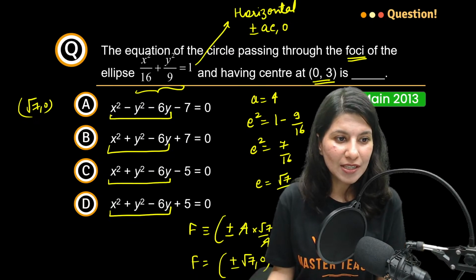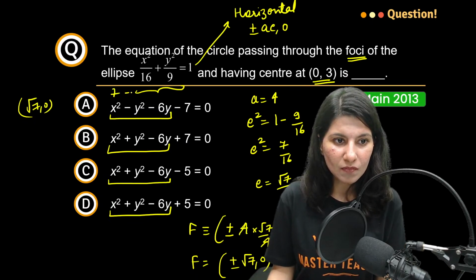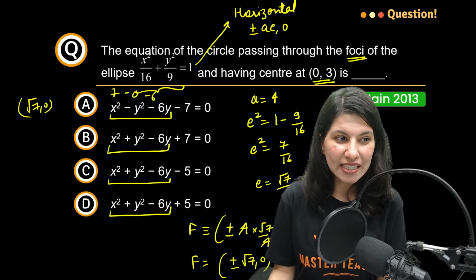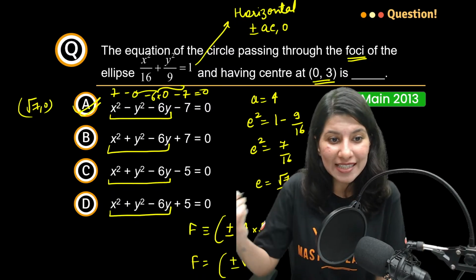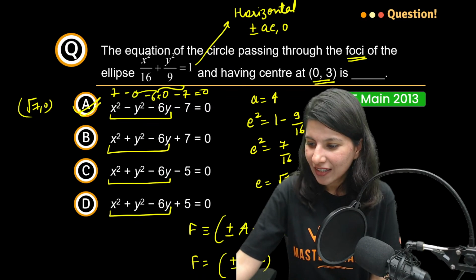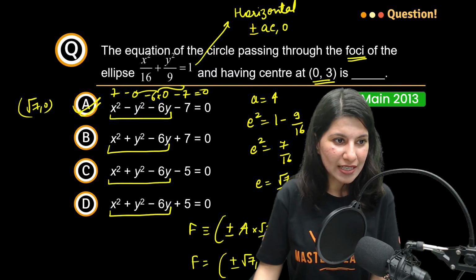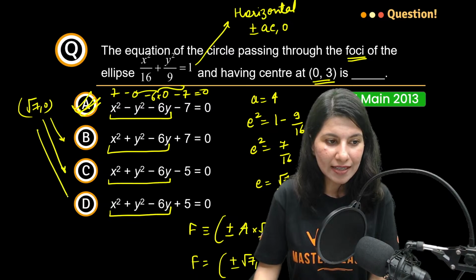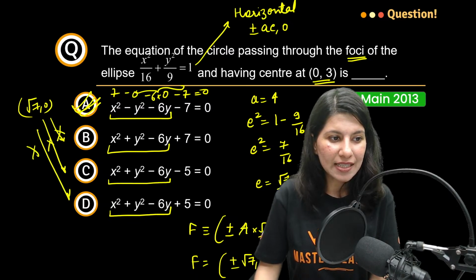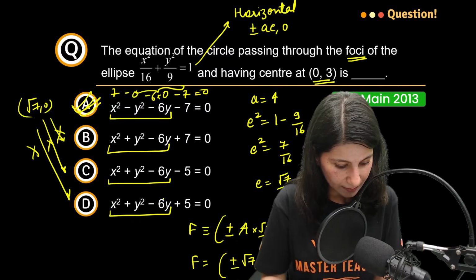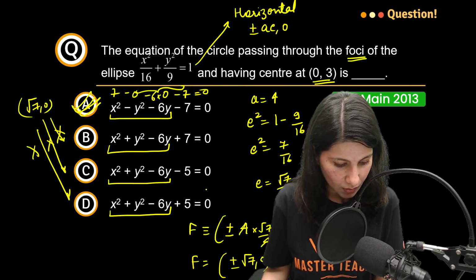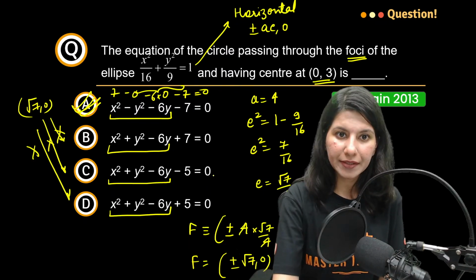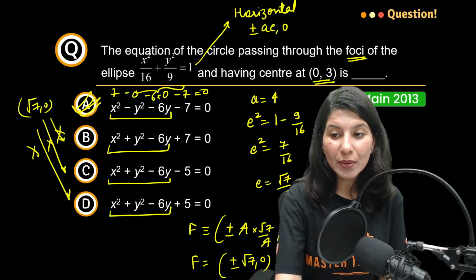So, x will be 7 minus 0 minus 6 into 0 again minus 7. Oh my god, option A is directly satisfying. So option A is clear, and if you check, root 7, 0 will not get satisfied by option B, C and D. Alright, yes, clear. So JEE Main 2013 question done and dusted.